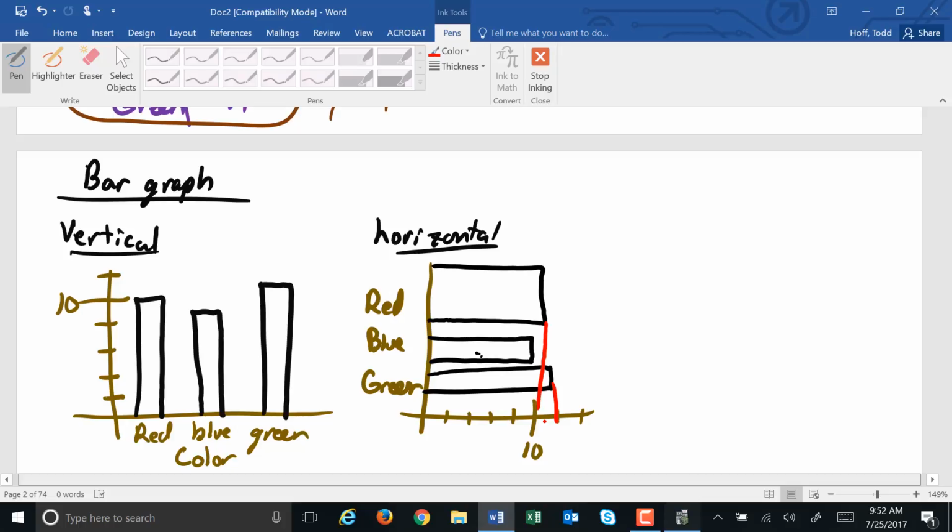Even if the bars are the same width, if I color that one in red, this one in blue, and this one in green. Now those are all very primary colors. They're all very dominant colors. So you still look at it and you still see the green one's taller.